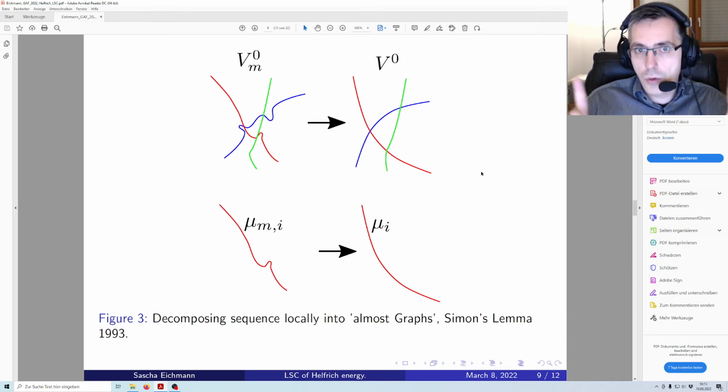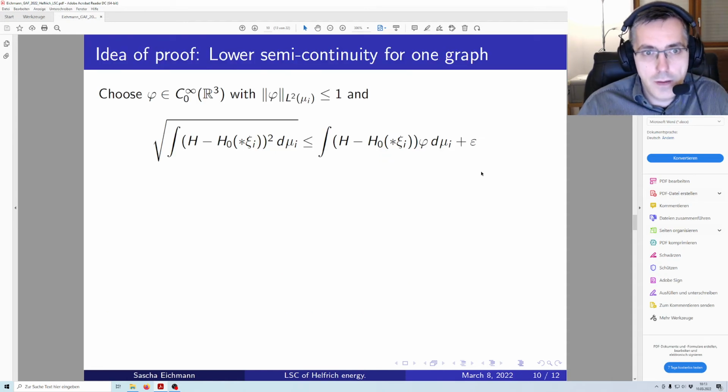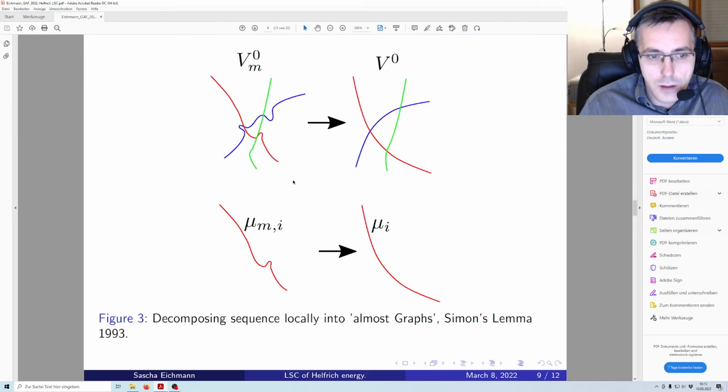So we do not have two square terms anymore in our Canham-Helfrich energy. And this is exactly what we need. So this is the Canham-Helfrich energy for one of these graphs, mu i. So mu i is now, for example, this red line over here. And the mu mi's converge in the measure sense to this one.